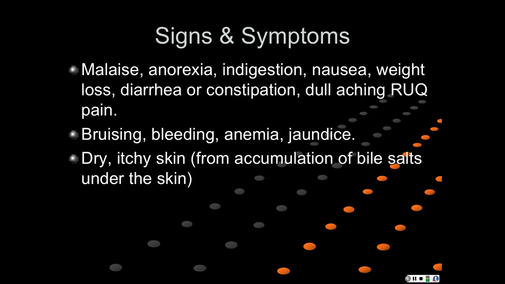Signs and symptoms of liver disease: malaise, anorexia, indigestion, nausea, weight loss, diarrhea or constipation. They may also complain of a dull, aching right upper quadrant pain. They may have problems with bruising, bleeding, anemia, jaundice, again that dry, itchy skin, the pruritus, because of the accumulation of bile salts under the skin.